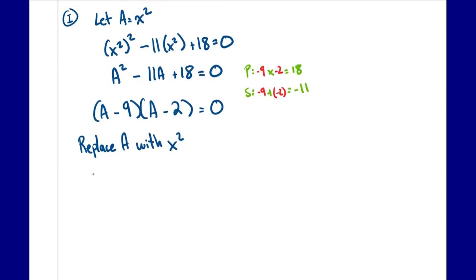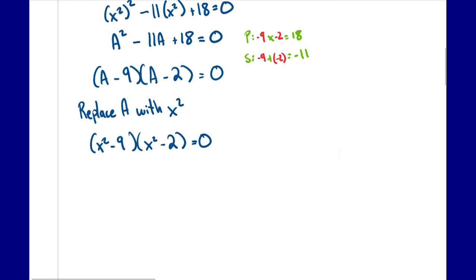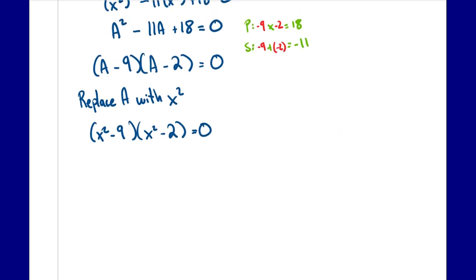So now we get x squared minus 9 times x squared minus 2 equals 0. Now I can solve this, as we talked about in the previous lesson. In order for this to work out to 0, either the first bracket or the second bracket has to equal 0. So x squared minus 9 equals 0, and x squared minus 2 equals 0.